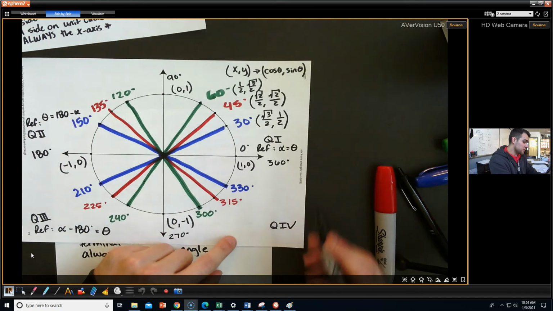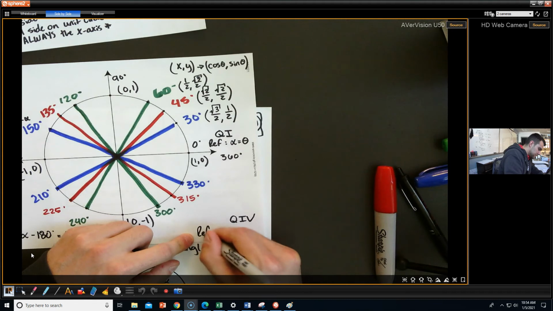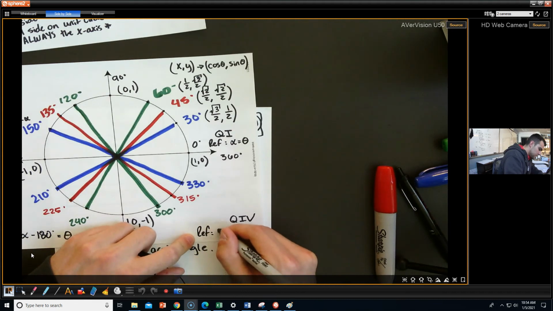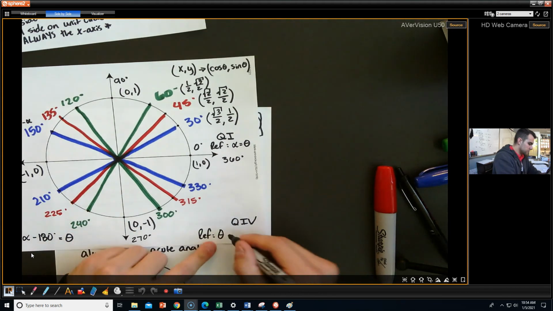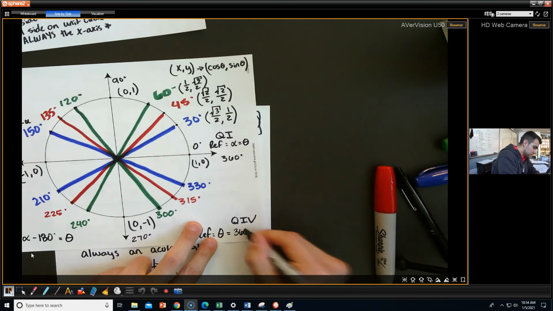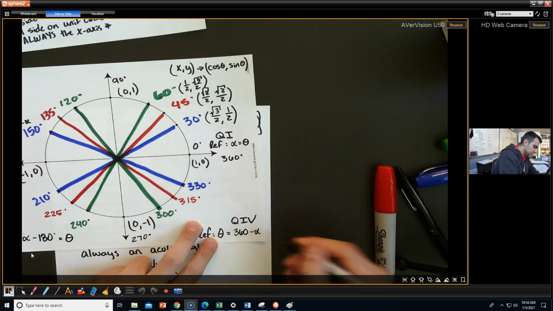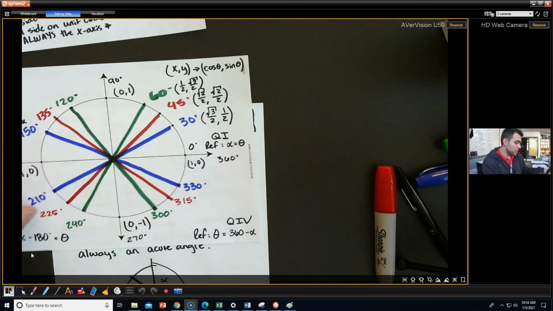So the way I can write that is like this. Theta is going to equal 360 degrees minus whatever that alpha was. And that's how we can get a reference angle.